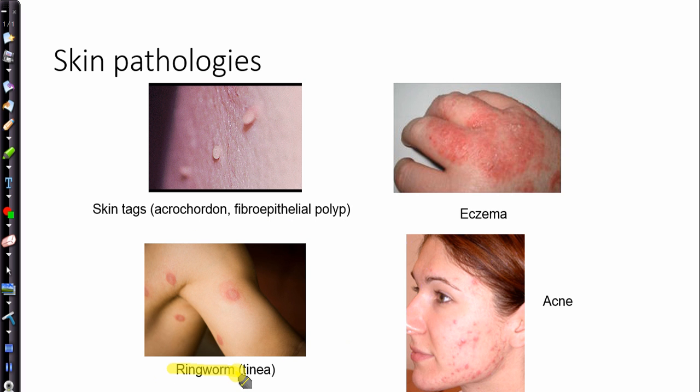People may associate just by the term that ringworm is caused by a worm. Actually, ringworm is caused by a fungus that has gotten in the skin, and it grows in a circular pattern, therefore giving it that round appearance. This is a very contagious skin disease.